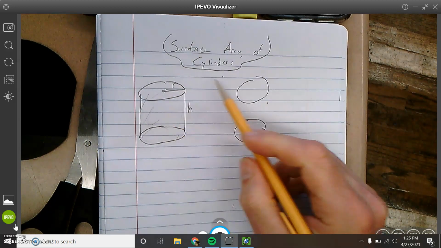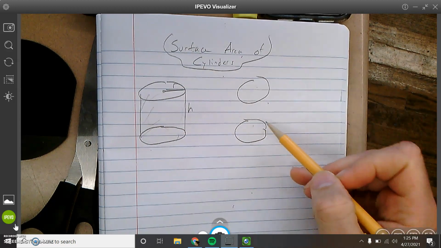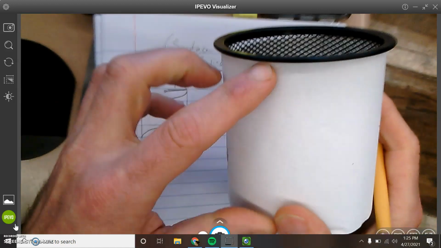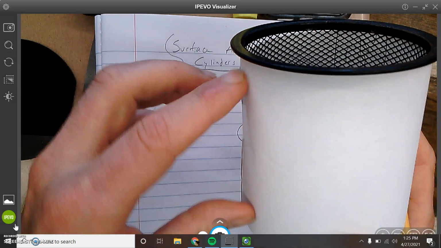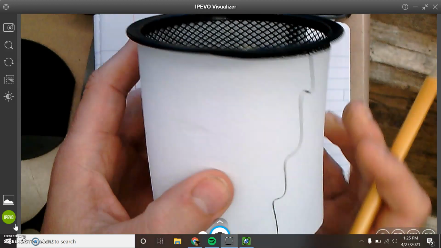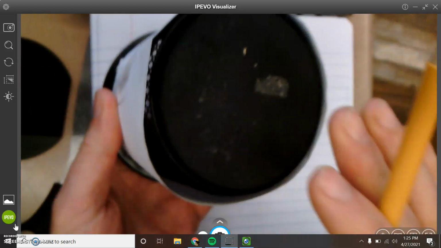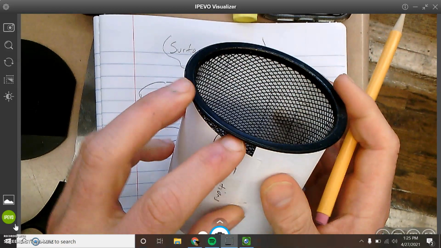Those are two faces, because the surface area is the area of all the faces combined, right? But what is this side right here? What shape is this? Is it a triangle, circle, rectangle, square? We know the top face is a circle, the bottom face is a circle. What is this?